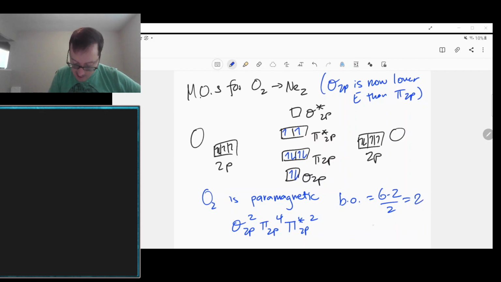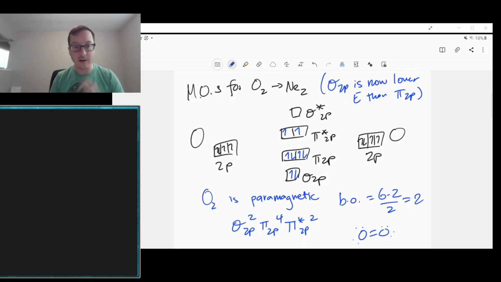And we would expect a double bond. And lo and behold, we do have a double bond between them. So we actually have a paramagnetic species, and the bond order is 2, which is what we expect with the Lewis structure anyway.